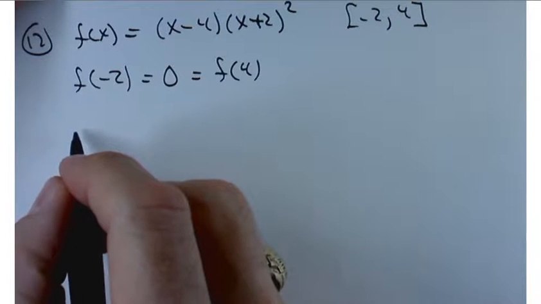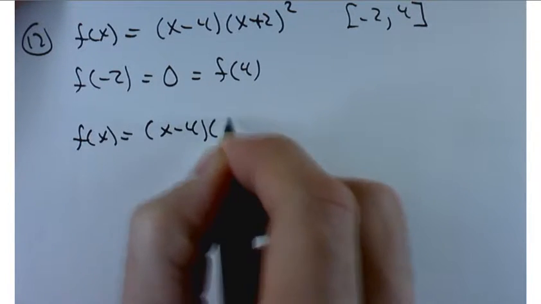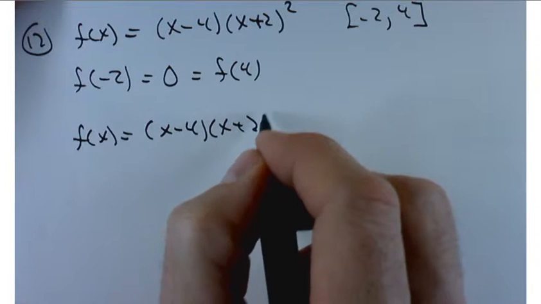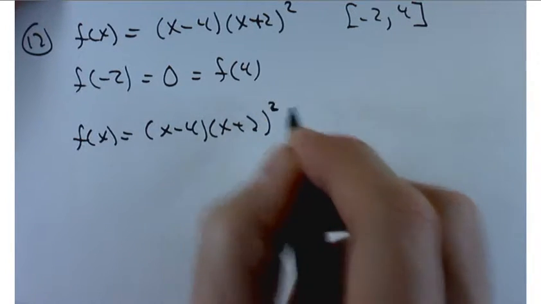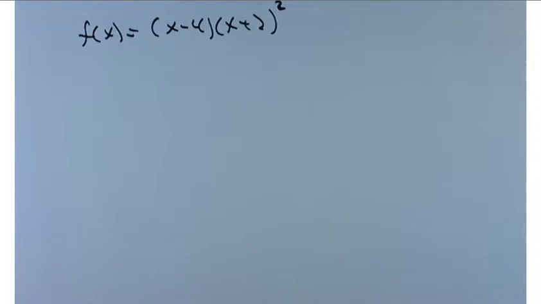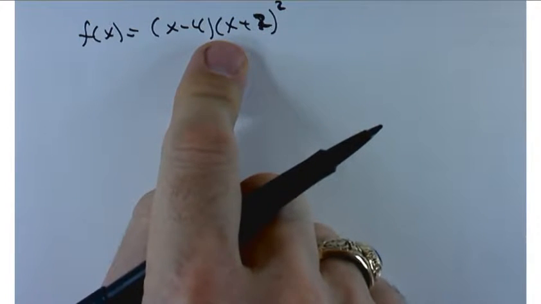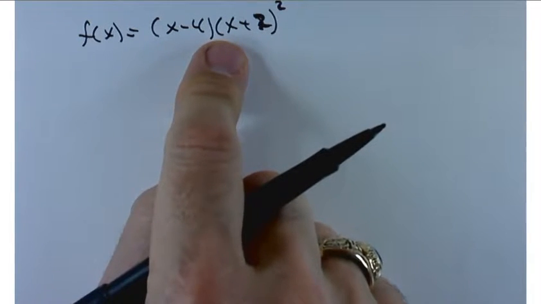So let me go back here. f of x is x minus 4 times x plus 2 squared. What rule do I have to use in differentiating this? Yeah, product rule and chain rule. So one heads up here, I would probably suggest we avoid squaring it out and multiplying it all out.